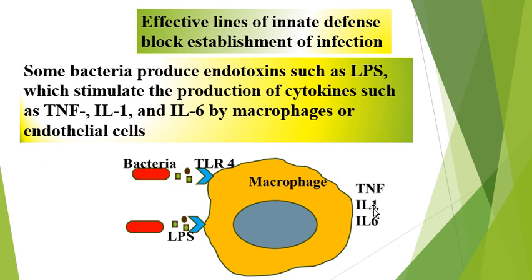Similarly, interleukin 1 is essential for the host response and resistance to pathogens, and it also controls innate immune processes. So LPS of gram-negative bacteria stimulates the production of cytokines by macrophages or endothelial cells, and the release of these very important cytokines plays a very important role in innate host defense.